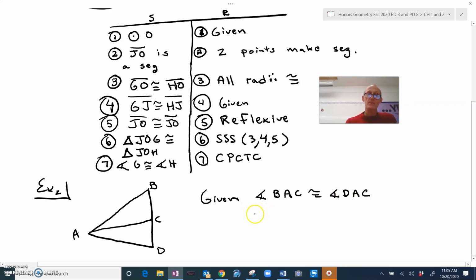Also, given that AC is an altitude, and we have to prove that AC is a median.